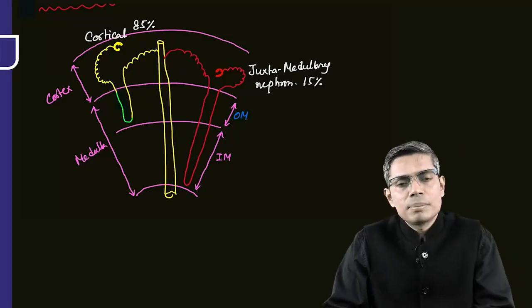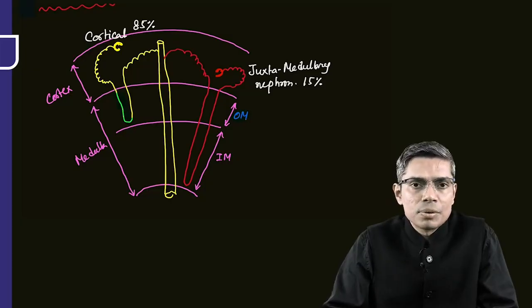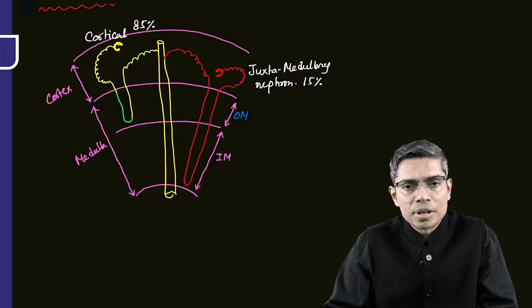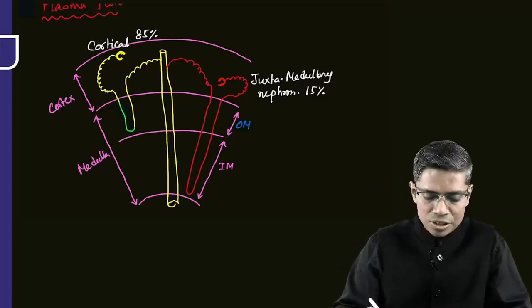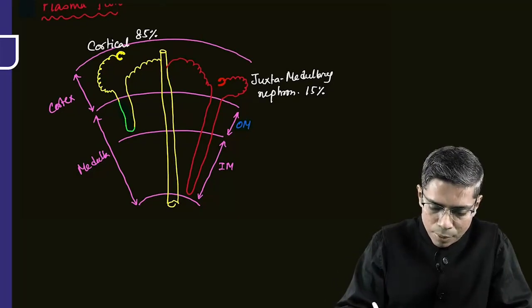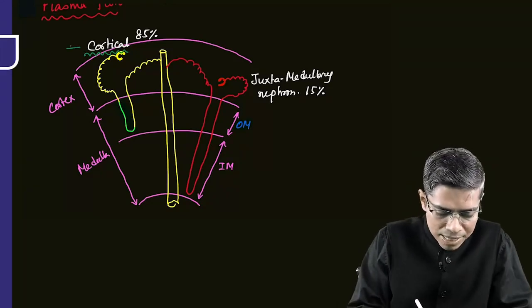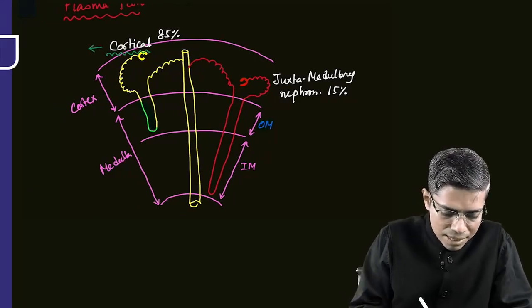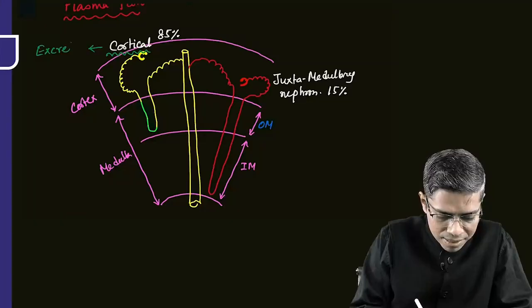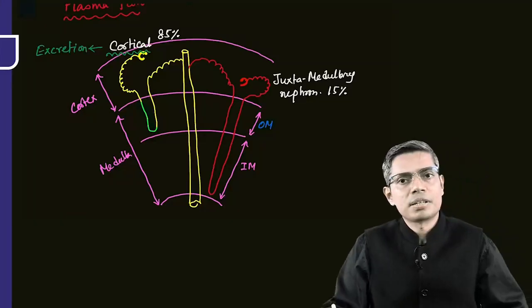If I ask you what is the main function of the kidney, all of you will say that it is excretion of the waste product from the body, and this function is mainly performed by cortical nephron. So the cortical nephron is mainly dedicated for excretion of waste product.